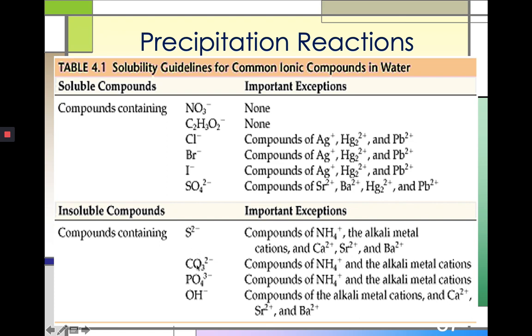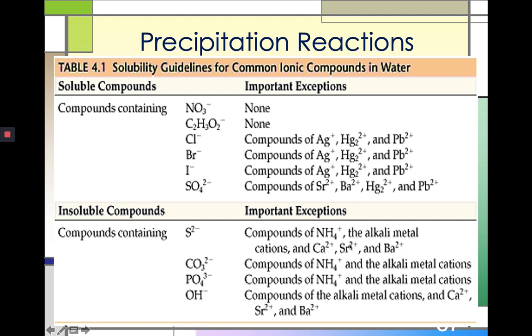Another one is mercury Hg2 plus reacting with the carbonate ion to form mercury carbonate, another insoluble compound, so it could be a precipitate. Another is magnesium 2 plus reacting with the OH minus ion to form magnesium hydroxide, another example of an insoluble compound that could be a precipitate.